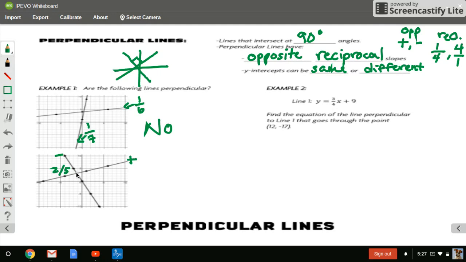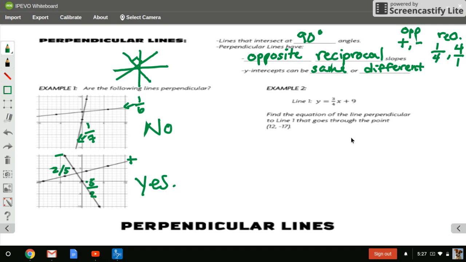And then this one, we go down 1, 2, 3, 4, 5, and over 1, 2. So down 5 over 2. Again, one of them's positive, one of them's negative, so that works. And then we have 2/5 and 5/2. So yes, that is perpendicular.